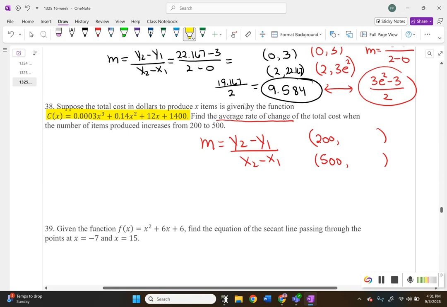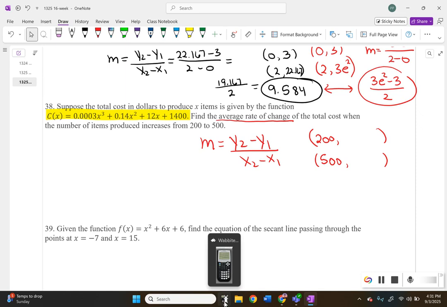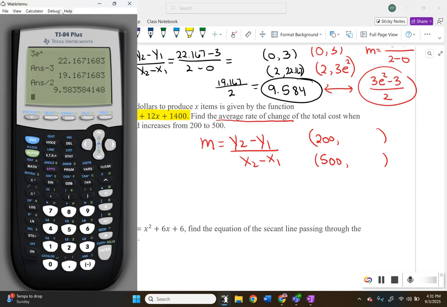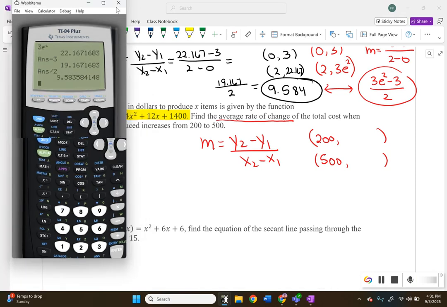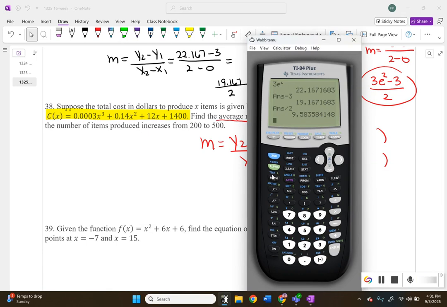So since this is a little bit more, we can just plug them both into our home screen, or we could plug them into our table. It doesn't matter.